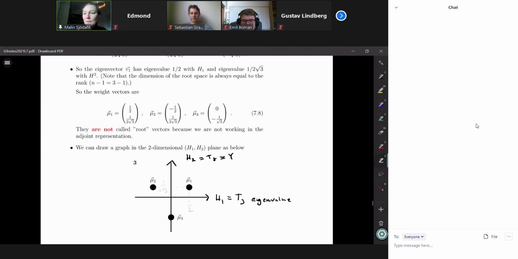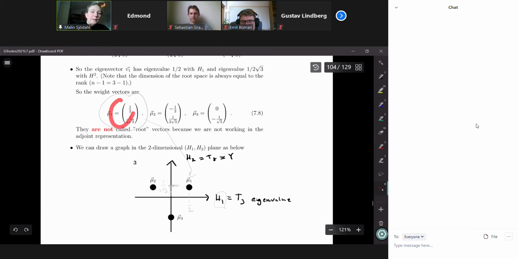So for example, we can take a look at the first state here. The eigenvalue of this first state should be 1/2 projected onto the H1 axis, so it should be at 1/2 here. And it should be 1/2 root 3 projected onto the H2 axis, so that should be the projection onto this axis here. So in this way we draw the states, or the weights of the states.